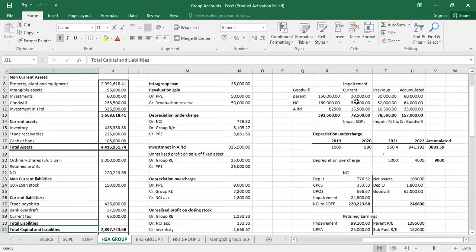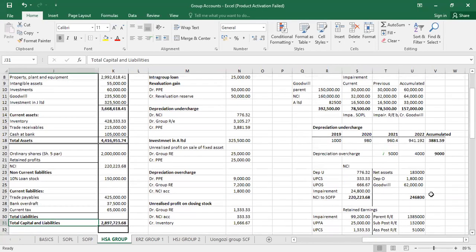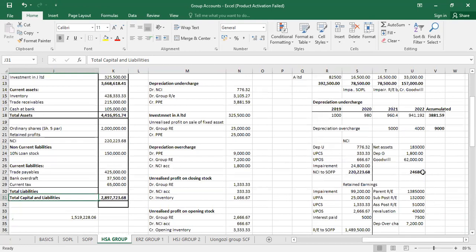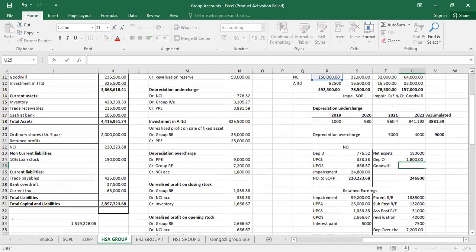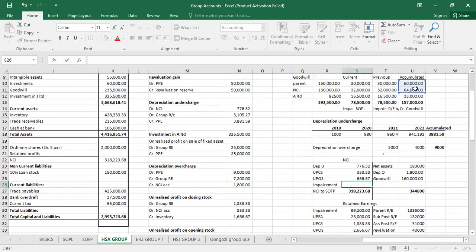So here, that's why I always try to separate the two, the parent and the NCI goodwill, isn't it? There are so many adjustments. So here, where is the NCI? This goodwill here, I enter the NCI's goodwill alone, isn't it equal this one? Then the impairment, I enter the accumulated impairment in NCI alone, isn't it? This one here alone is the one in NCI alone, isn't it?